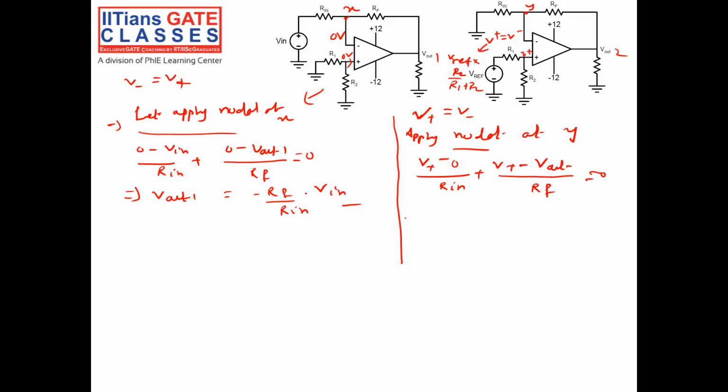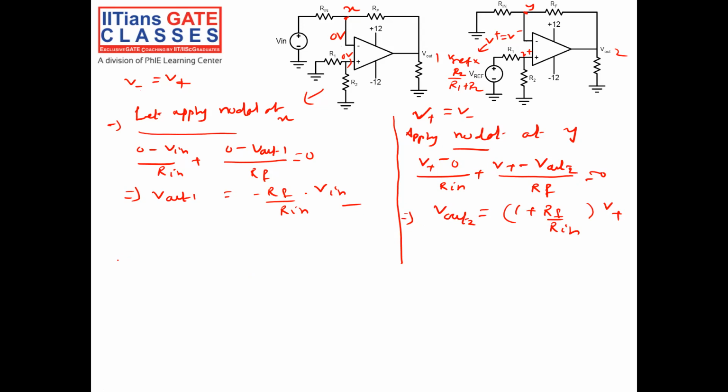So this implies V out is equal to 1 plus RF by R in, into V positive, right? So this is my V out 2, actually.